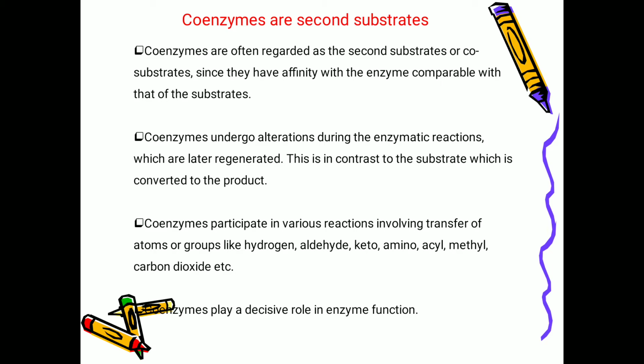At the active site the substrate will bind, and at the catalytic site the coenzyme will bind with the enzyme, and these coenzymes undergo alterations during the enzymatic reactions which are later regenerated, in contrast to the substrate which is converted to the product.